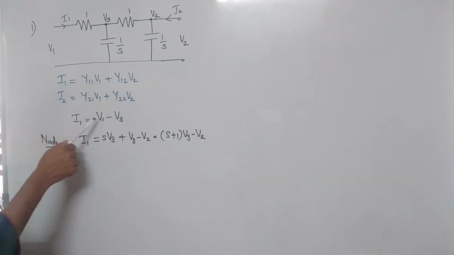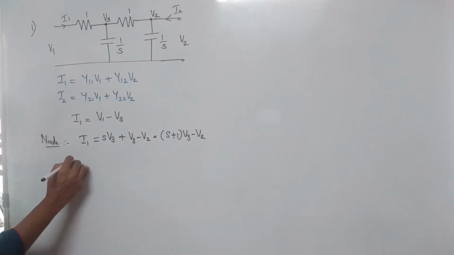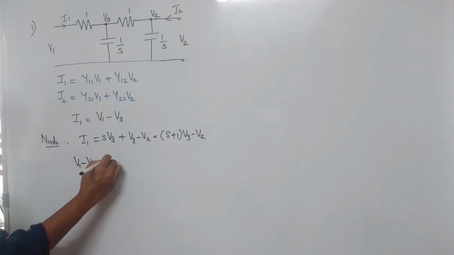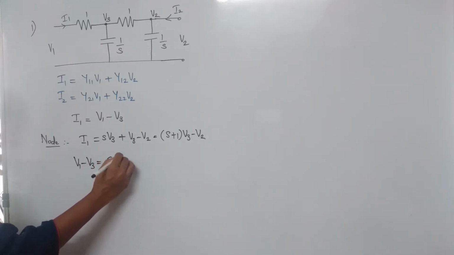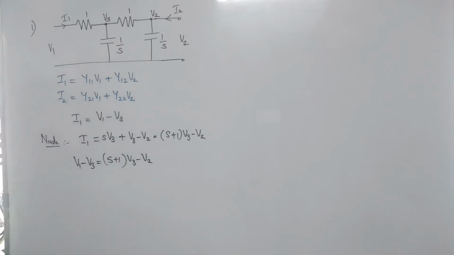But we know that I1 is V1 minus V3, correct? So let's substitute it here. We get V1 minus V3 is equal to S plus 1 into V3 minus V2.